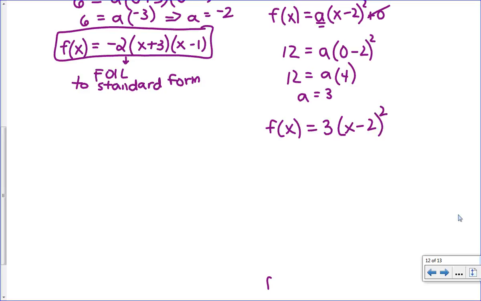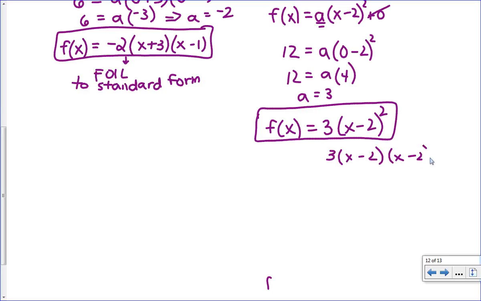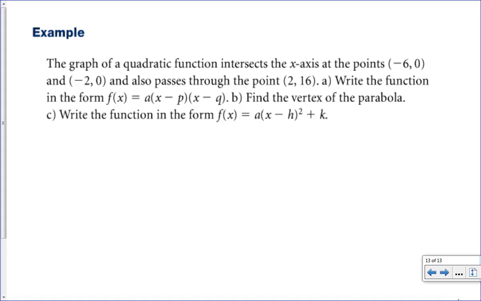And in this case, that actually is the intercept form as well, because if I wrote it out, it would actually be 3 times (x minus 2) times (x minus 2). And that is intercept form, so I don't need to rewrite it as that expanded version. And then, of course, to get it in standard form, I'm going to FOIL it out. And I think that we will stop it there and let you try these in your homework.